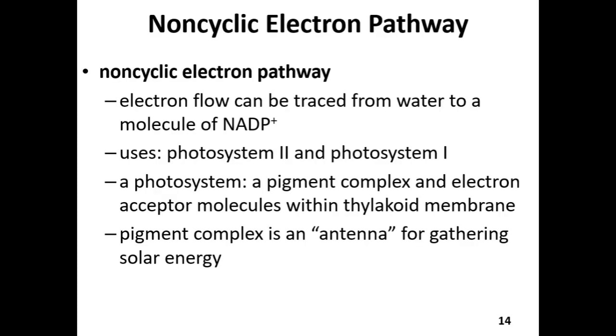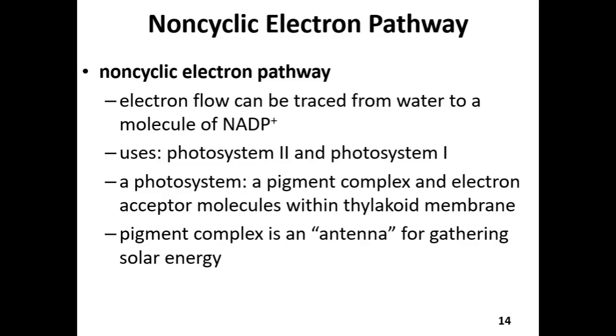So the non-cyclic pathway produces both ATP and NADPH. It uses a coenzyme carrier, just like in cellular respiration, you had that coenzyme carrier NAD. Now we have a coenzyme carrier called NADP.